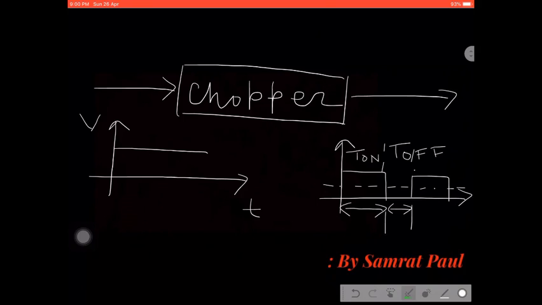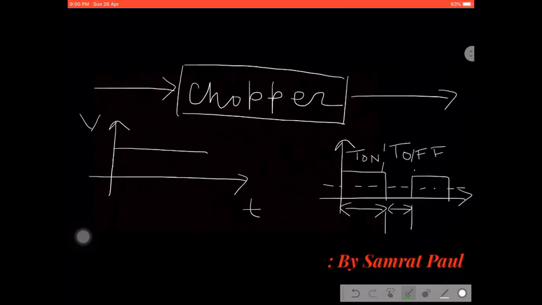A DC converter can be used in DC regulators, electric traction, trolley cranes, electric vehicles, switch mode power supply or SMPS, etc. Normally, in a converter circuit, the switches can be BJT, power MOSFET, GTO, IGBT, or any other switching device.